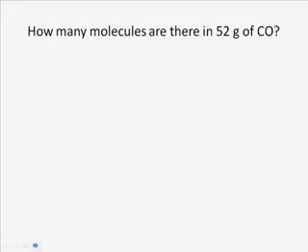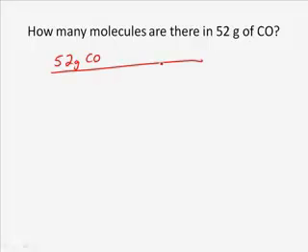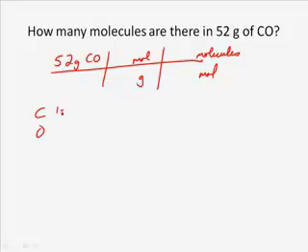Now we're going from number of molecules to grams. So we know we're going to have 2 steps, starting with 52 grams of CO. I want to go grams to moles, then moles to molecules. Again, carbon is 12.011 and 1 oxygen, and I'm going to add those together: 28.001.